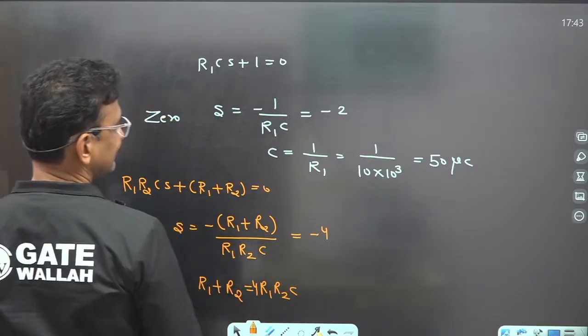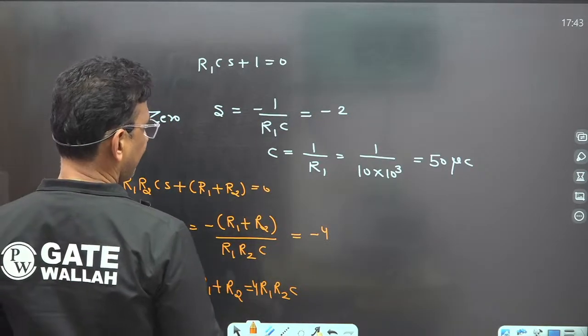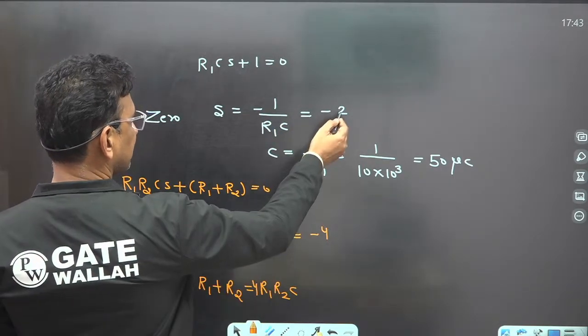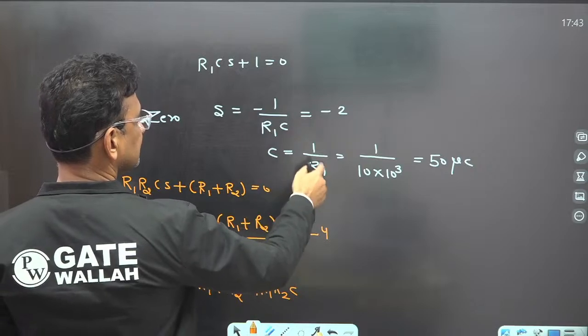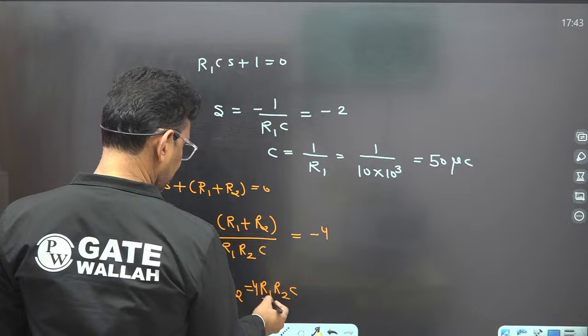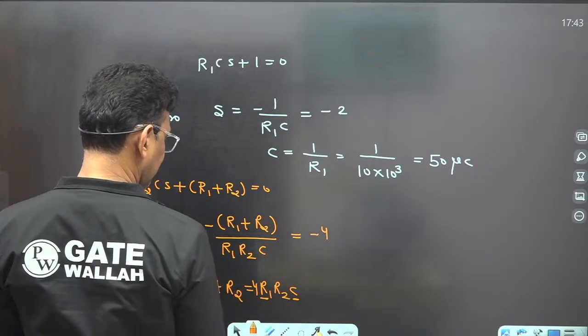And R1 C you can directly write as 1 upon 2.